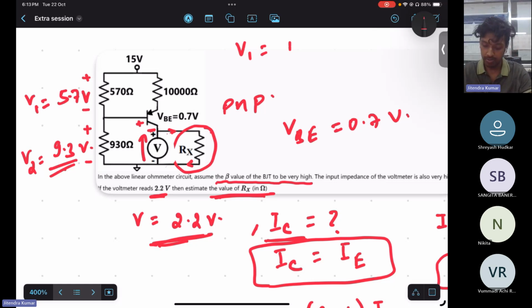Are you getting my point? Whatever this 9.3 volt is, that will not be directly reflected to the voltmeter, right? So that has to be adjusted. That is why it is linear ohm meter, right? Okay, is it fine? You must not miss the drop. This drop is not visible, but that drop will be there, right?